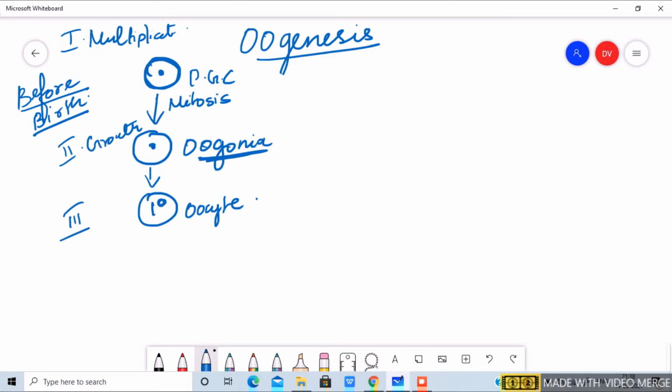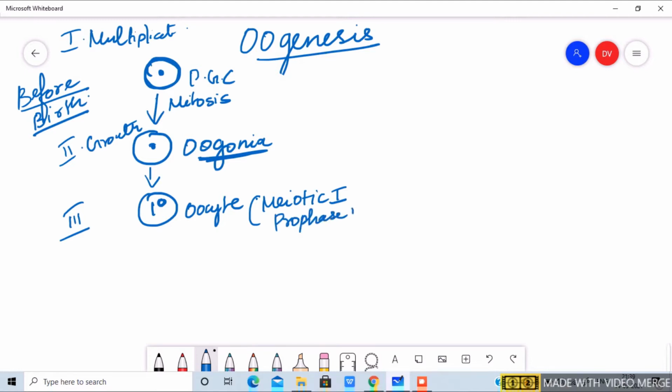Right. Now what happens after this? Once the primary oocyte is formed inside the embryo, it starts undergoing meiotic division. So it undergoes meiosis 1, but it gets arrested in prophase 1.